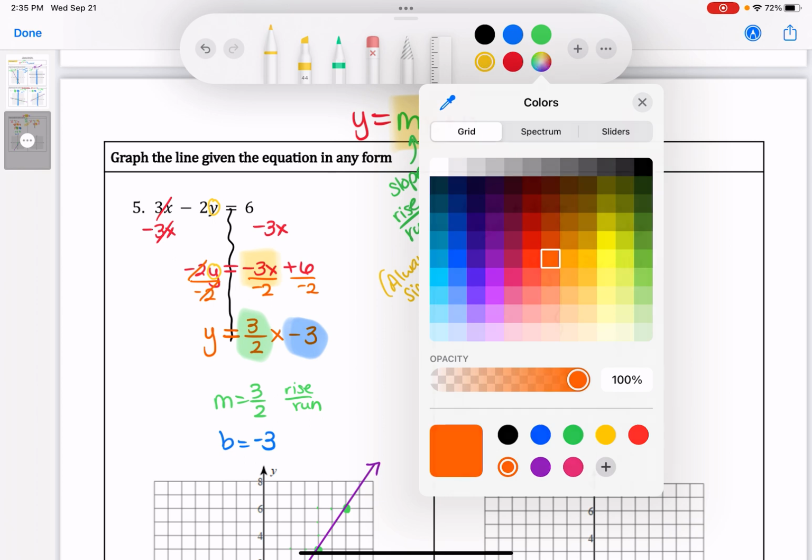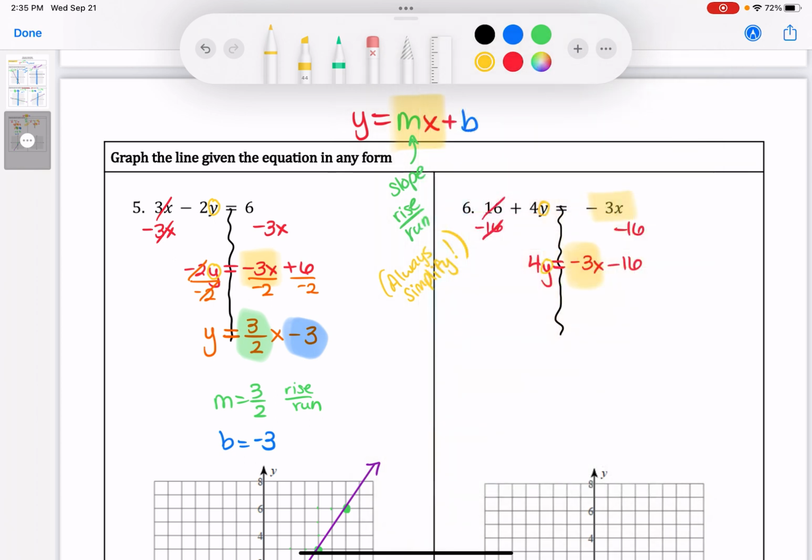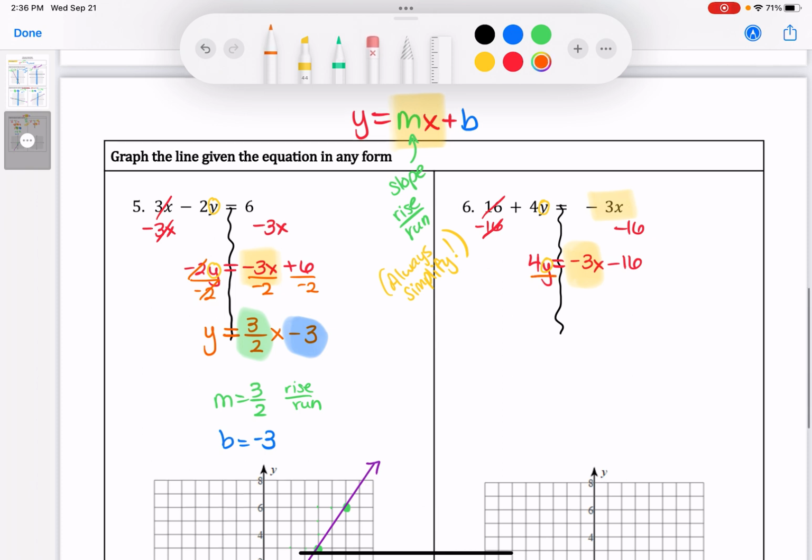Not quite all alone yet. Gotta still get that y by itself, so I gotta get rid of the 4 now. So it's 4 times y when it's written next to each other. So I'm gonna divide every single term by 4 to get that y alone. Negative 3 over 4, can't reduce anything. I have a negative, so it's going to stay negative.